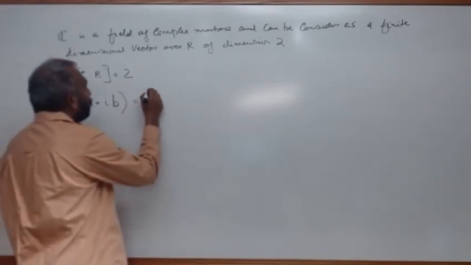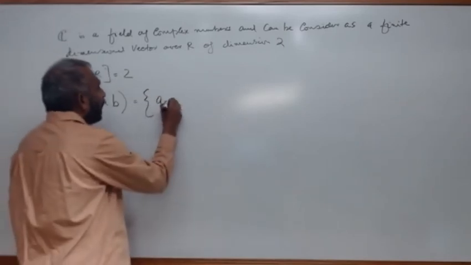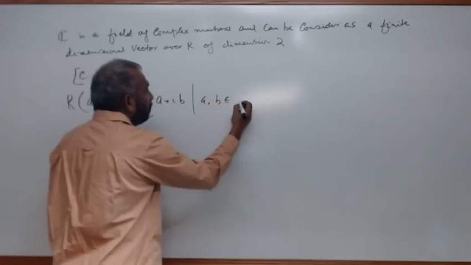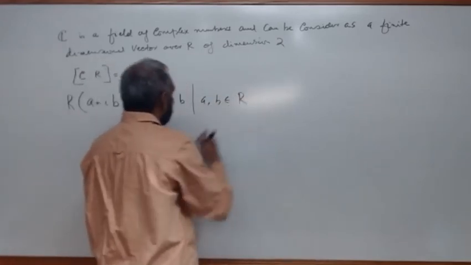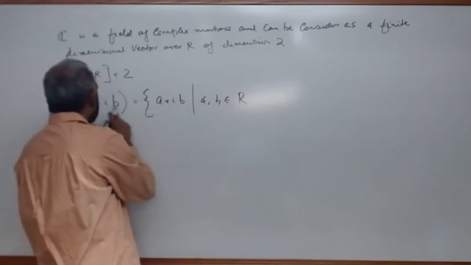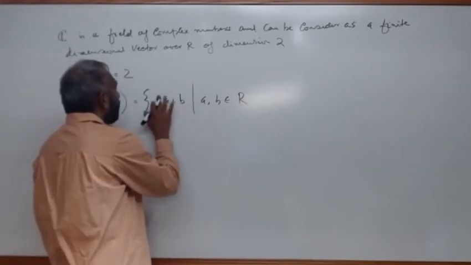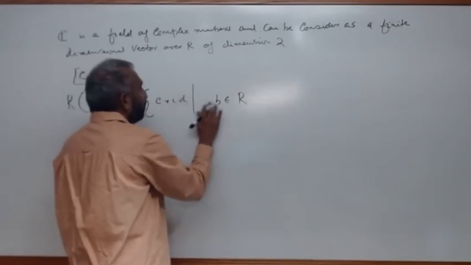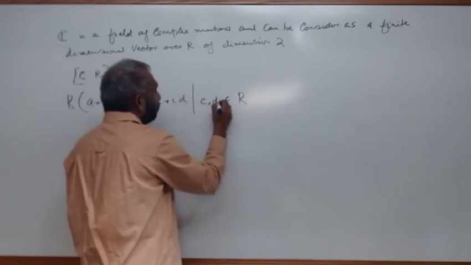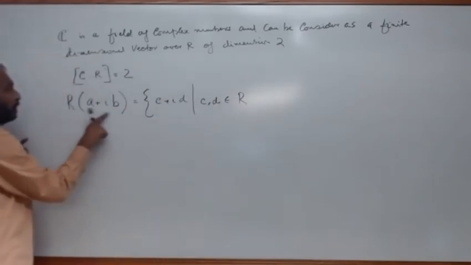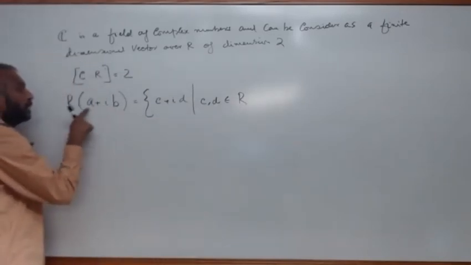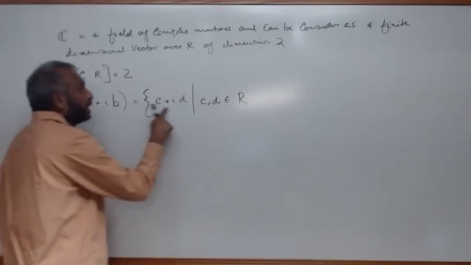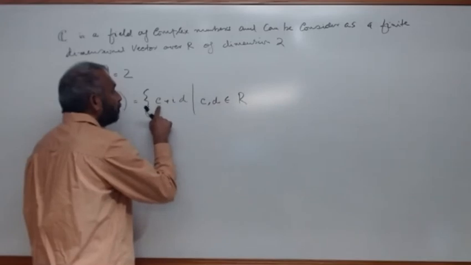This is actually equal to c plus id, where c, d belong to R. I don't want to confuse with this a and b. See, I'm talking about fixed elements a and b. These are all, any element from C and D.